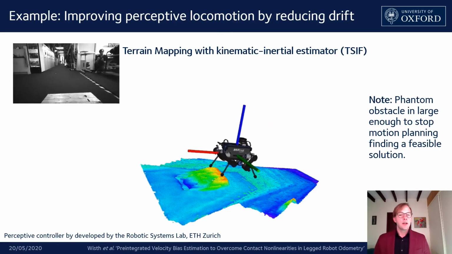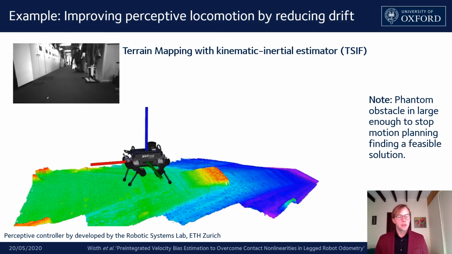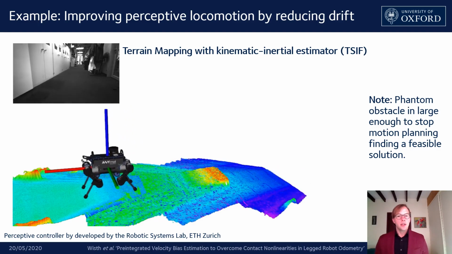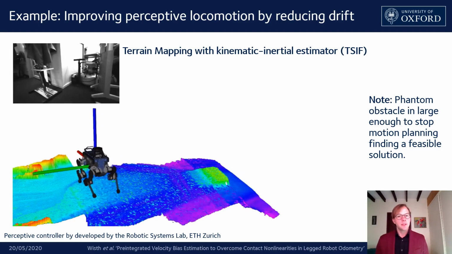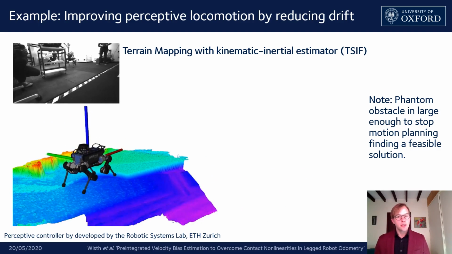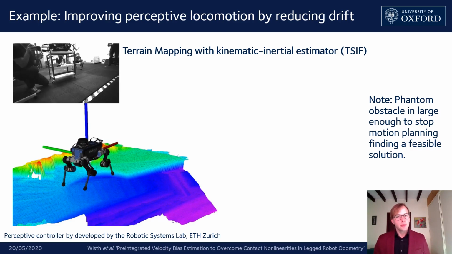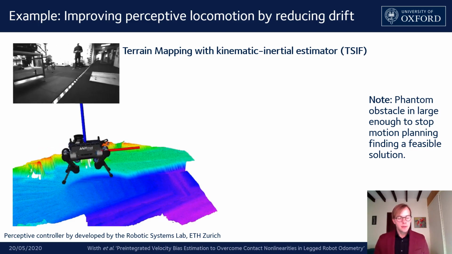As an example of how improving state estimation brings us towards our goal of dynamic robot locomotion, below is a video of the ANYmal robot performing perceptive locomotion using a terrain map generated with kinematic inertial estimates. As the state estimator drifts, the terrain map also drifts, leading to phantom obstacles.